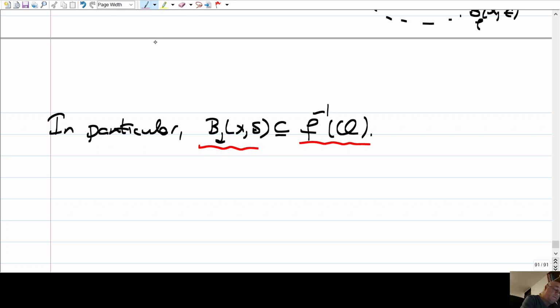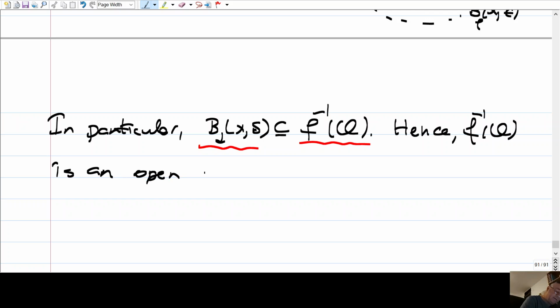Therefore, hence f inverse of O is an open subset. Okay, so this finishes the half of the proof. Now let's see the other direction.